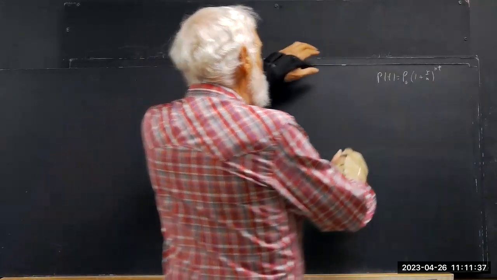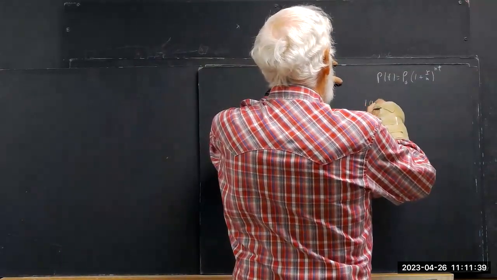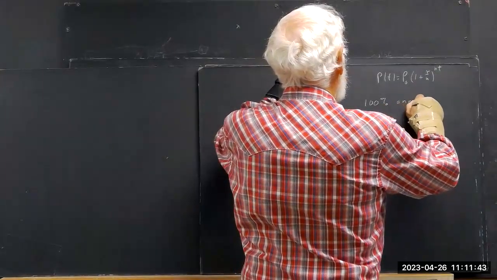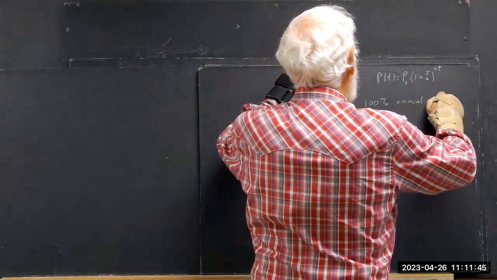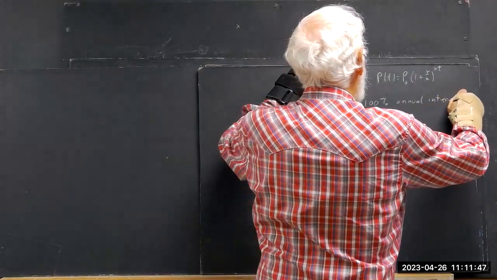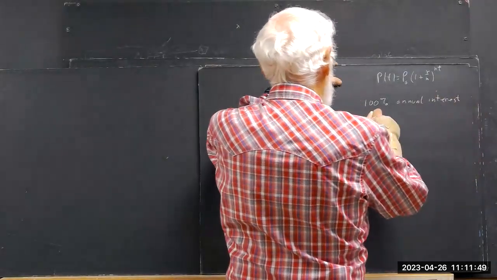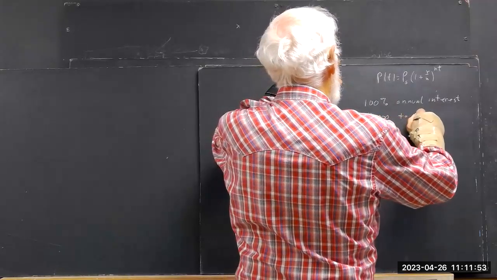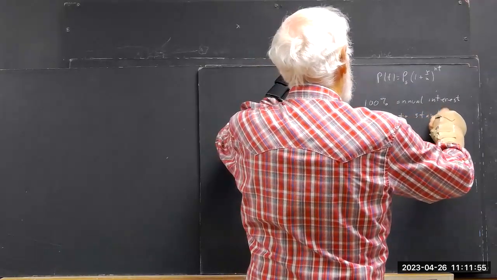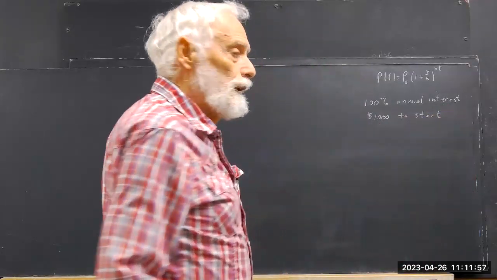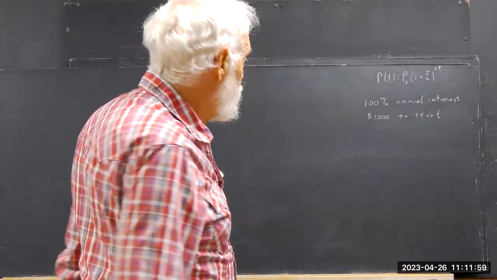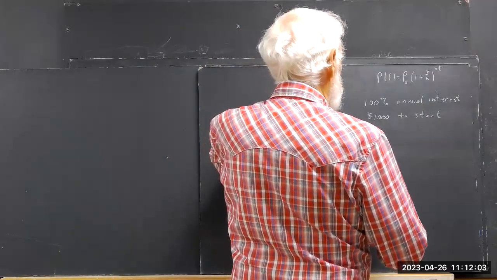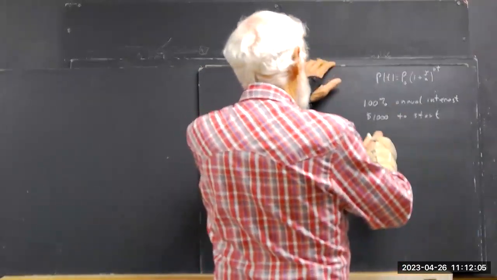So if you have 100% interest and $1,000 to start, then, well, let's just look at a table.